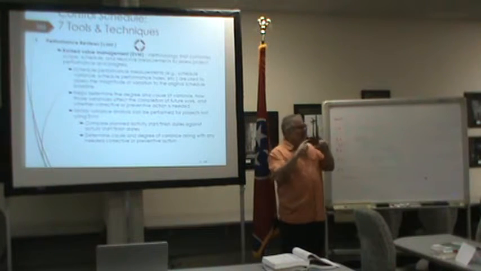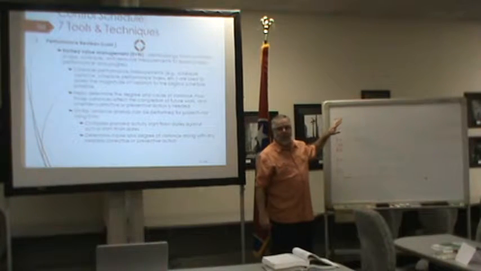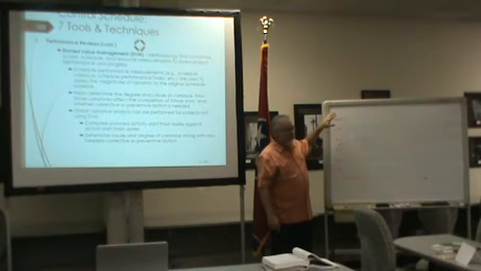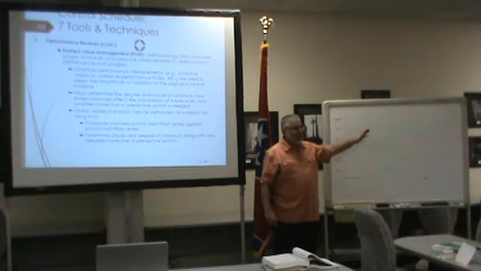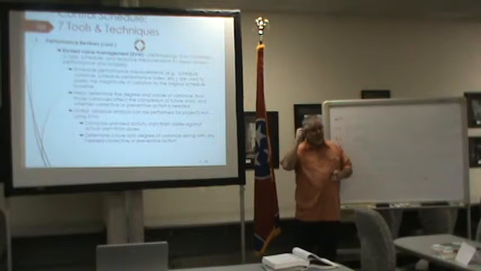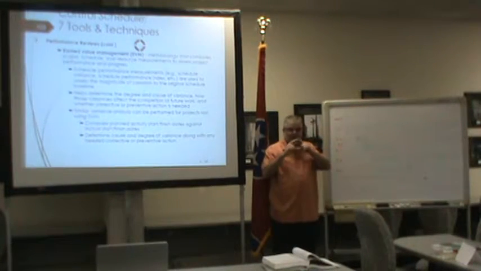Three pieces, right? So if I'm showing you this kind of a picture, where is scope represented? In the WBS. And schedule's represented with the bars on the Gantt chart. So that leaves us with the cost part of the triad, right?